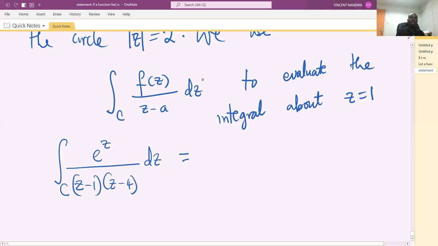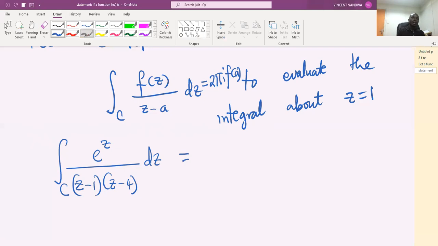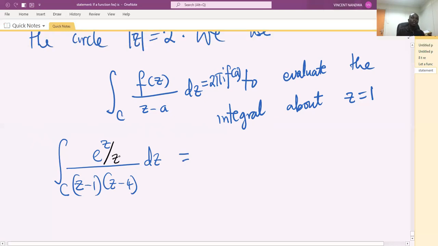The solution for this is 2 pi i times f of a, the Cauchy integral formula. We do that by dividing both the numerator and denominator by z minus 4, so that this and this cancel out.